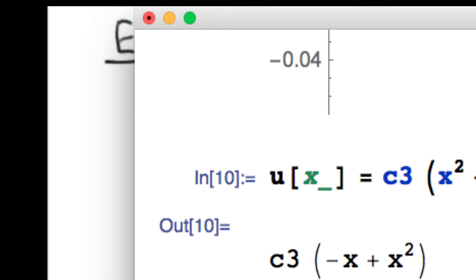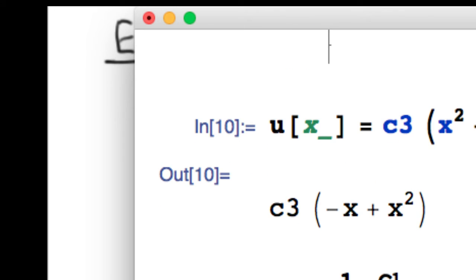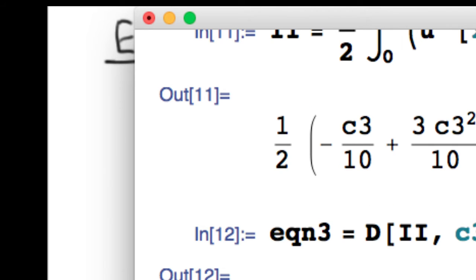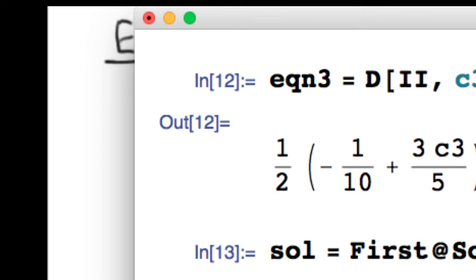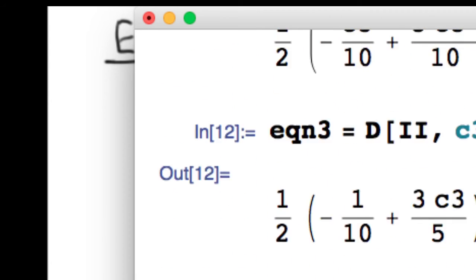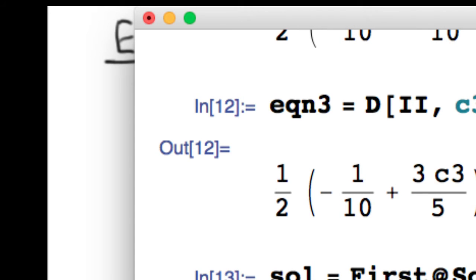So now I just have one equation I need to solve. Compute the derivative with respect to C3 and solve that for C3. And then plot the solution. So it's clearly different than that, right? I used a different approximation.